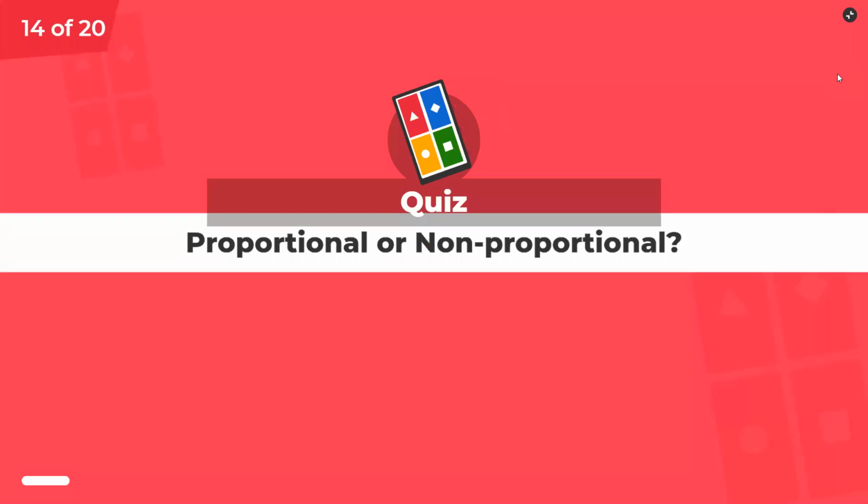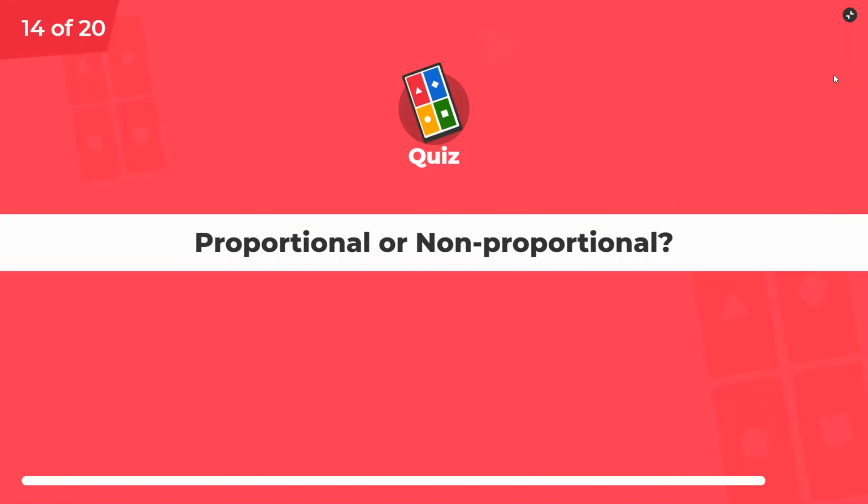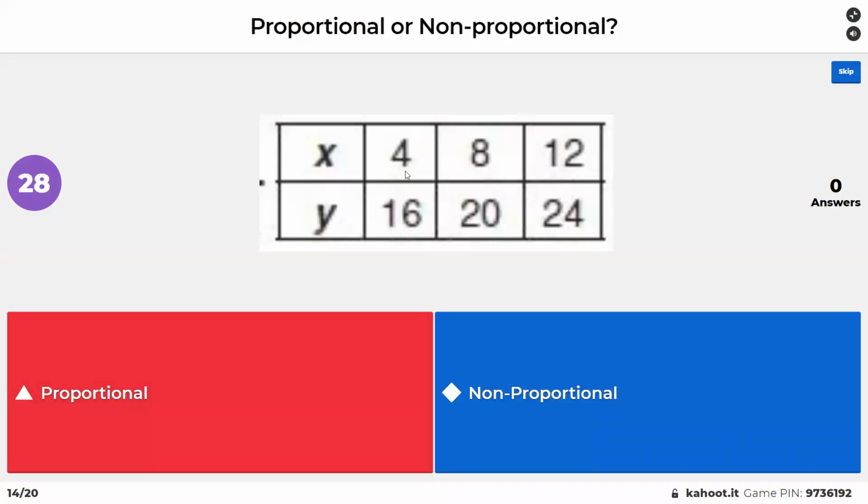All right, proportional or non-proportional? Take your Y values divided by your X values. If you get the same number all the way down the table, then it's proportional. If you do not, it's going to be non-proportional.